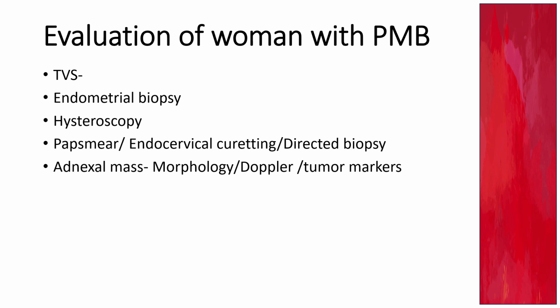Now we have to look at the ovary. If there is any adnexal mass, further morphology of the mass should be evaluated, whether it is a solid mass, cystic, or of varying echogenicity, whether there is a simple cyst or a multiloculated cyst, is there papillary excrescence, the thickness of the capsule, is there any tumor on the surface, etc. And a Doppler should also be done for the vascularity.